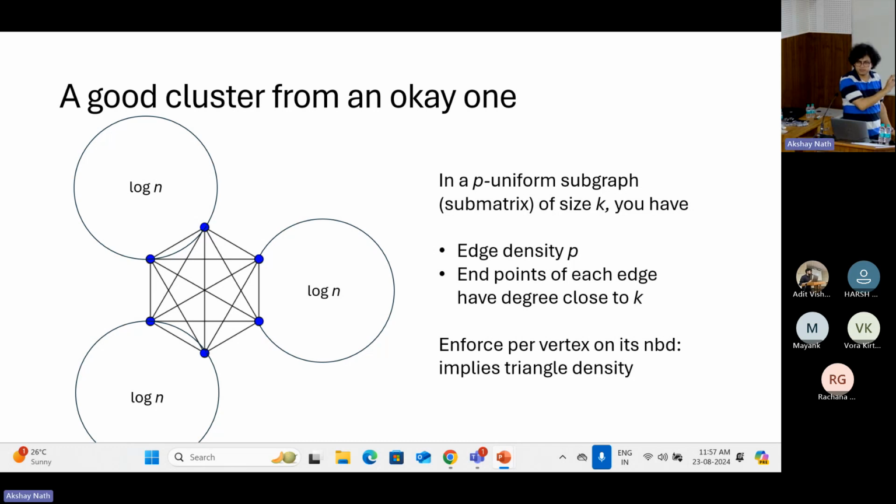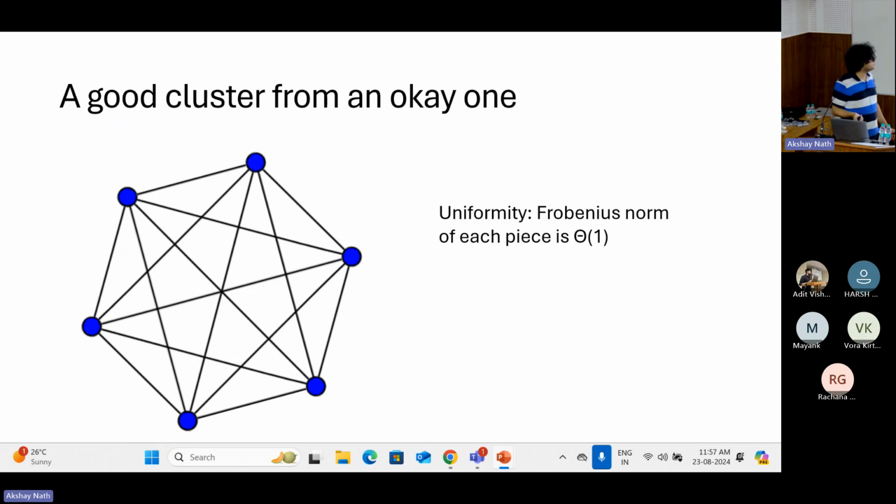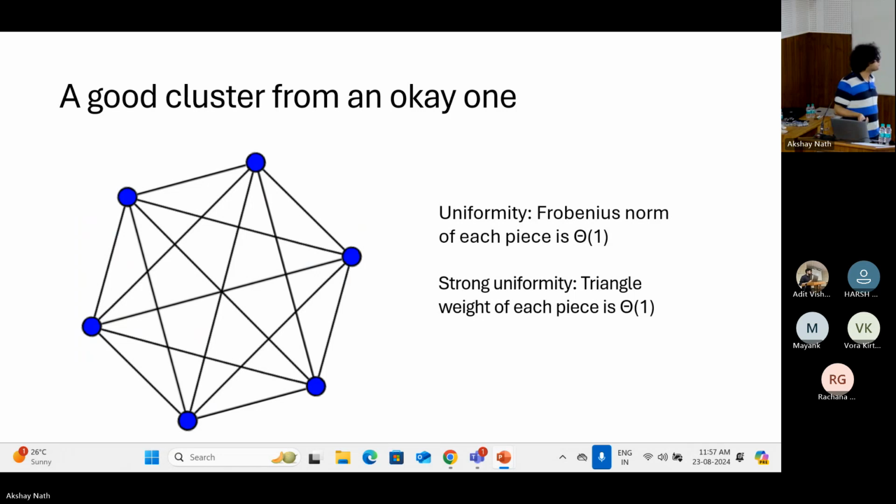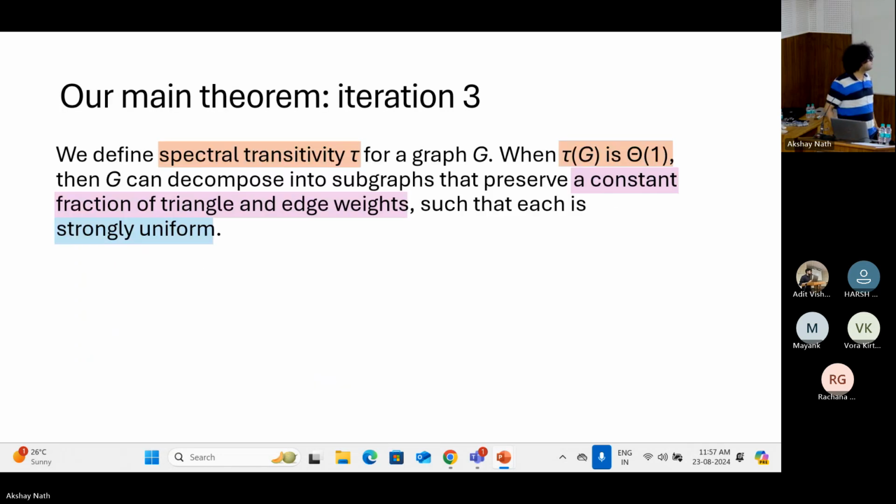Do people agree with that? Moreover, if you have uniform subgraphs, they have Frobenius norm induced of theta of 1, and strong uniformity implies the triangle weight of each piece is also theta of 1. So the density condition is that each piece is going to be strongly uniform.